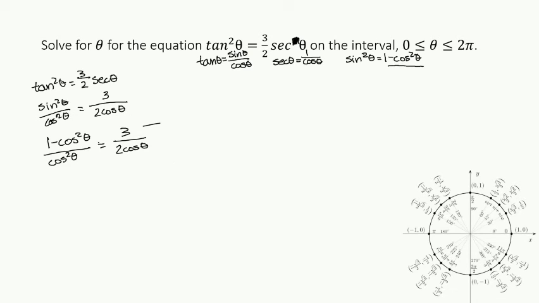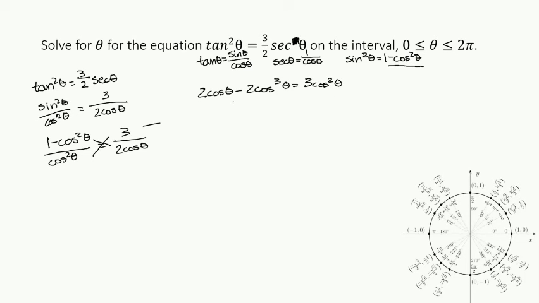Alright, so now from here on, since we have all the same trig functions, we can just solve for cosine of theta. So to do that, we're going to cross multiply, which will give us 2 cosine of theta minus 2 cosine cubed of theta equals 3 cosine squared of theta.